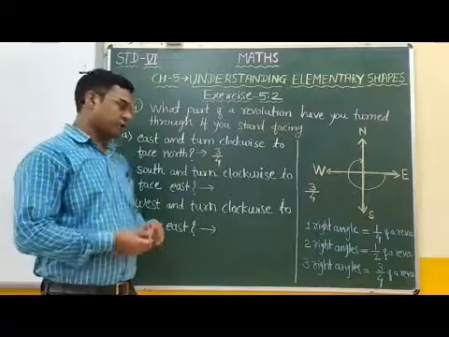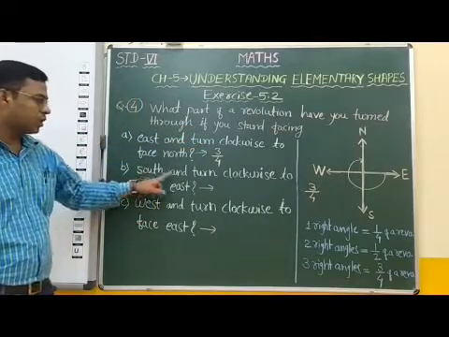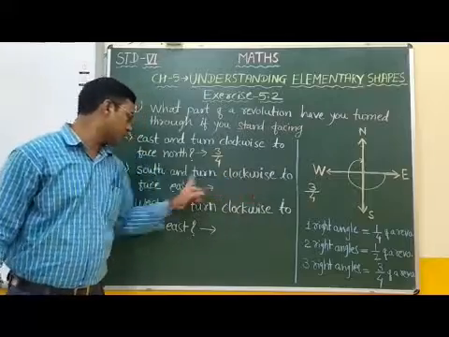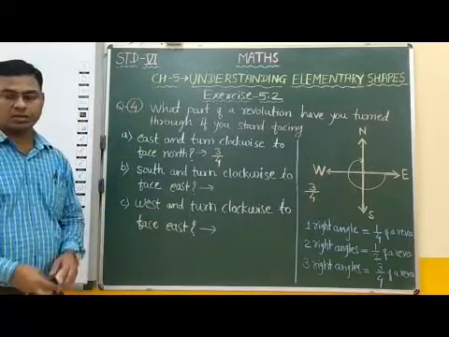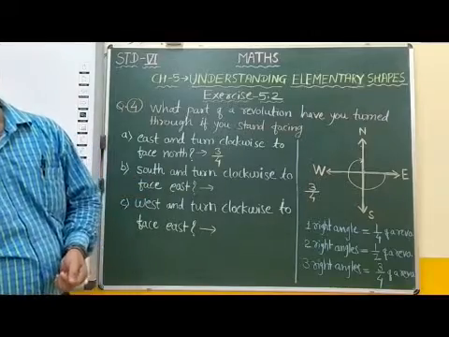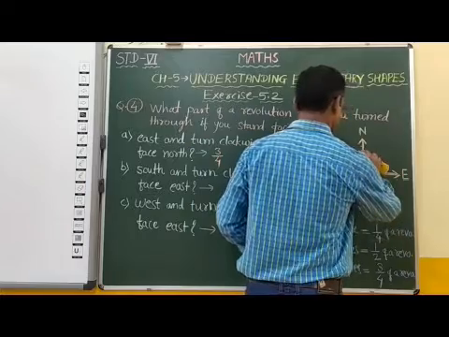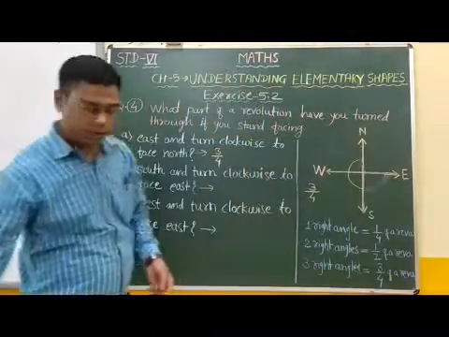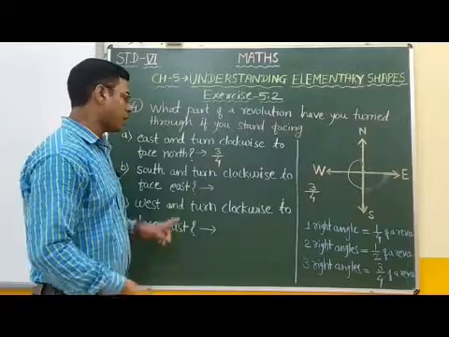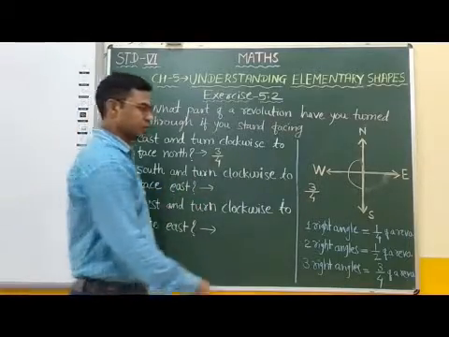Now, question B: if you stand facing south and turn clockwise to face east, now your starting position is south. Your starting position is south, and you turn clockwise to face east.